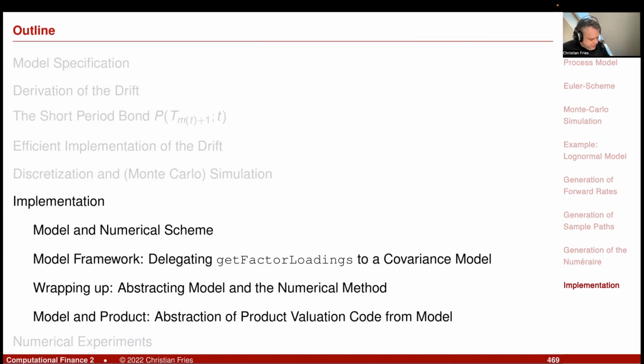I would allow for a very flexible specification of the lambdas, because you see there is the normal model, the log normal model, the displaced model. There are many different versions. Actually, this is a model framework, so I would like to design everything for extension to allow that we can experiment with this.